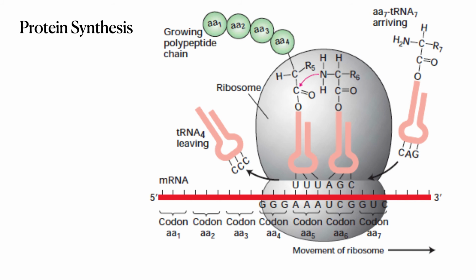This is a really good diagram because it shows you that the ribosome is moving along the length of the messenger RNA. It's reading the code, the codons, every three nitrogenous bases.